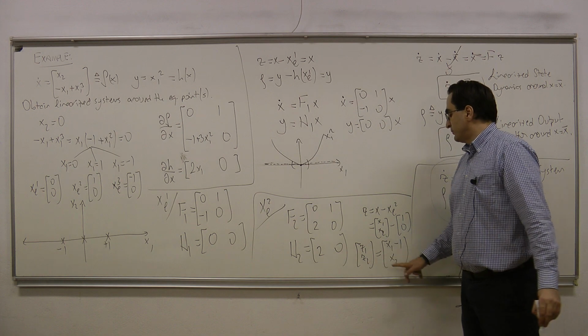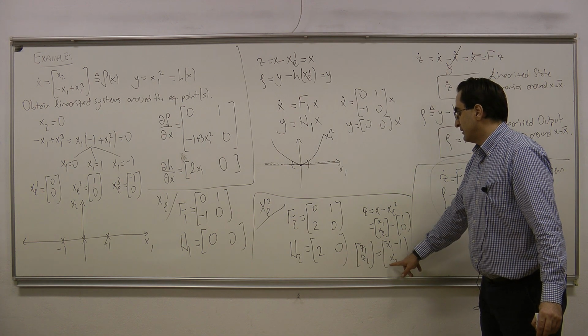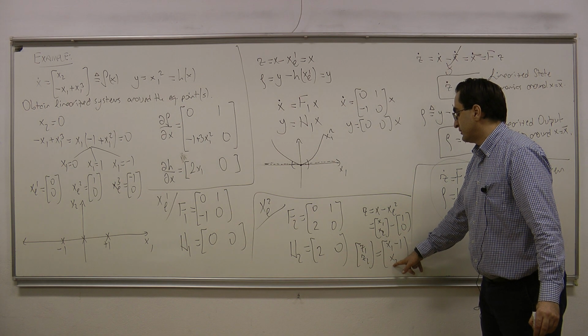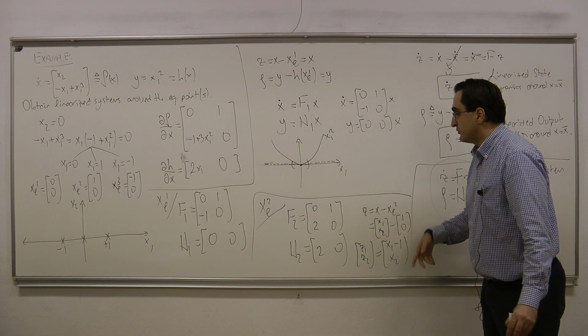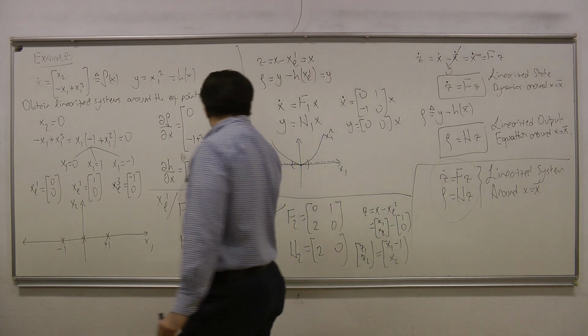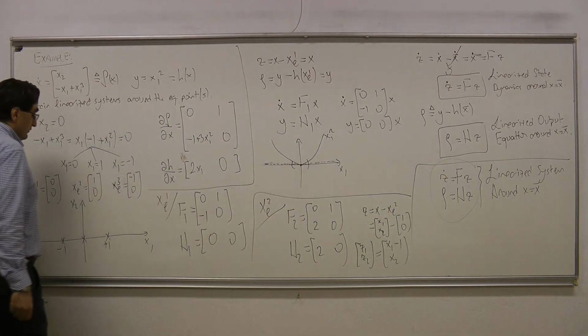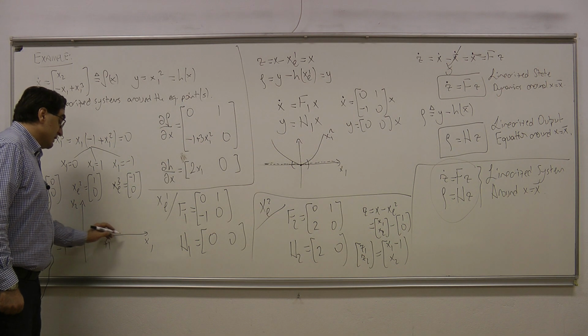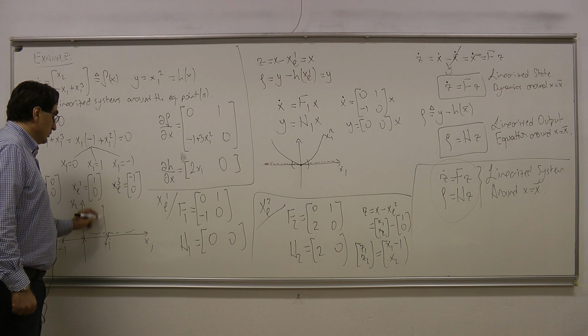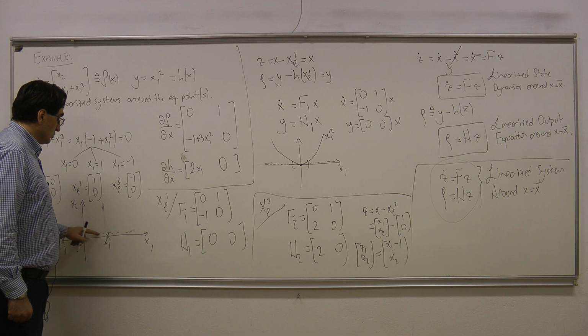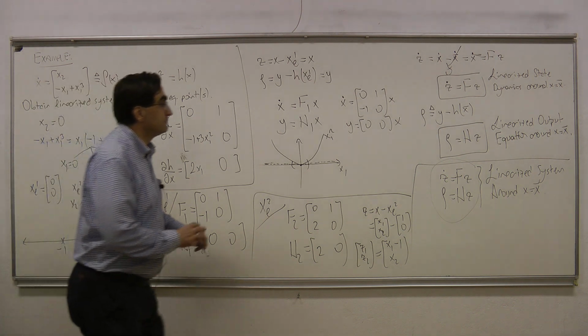So the second state variable would remain as the second original state variable. On the other hand, the first state variable is going to be changed into the first state variable minus 1. That means that I'm shifting the origin of my state space to this equilibrium point. Okay?